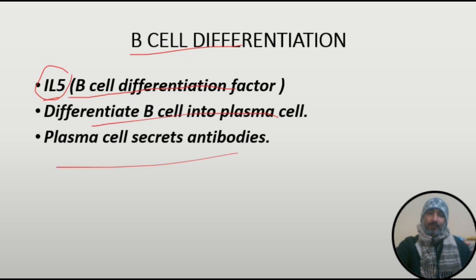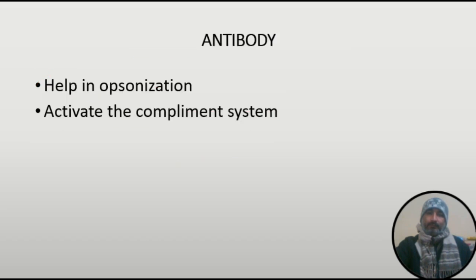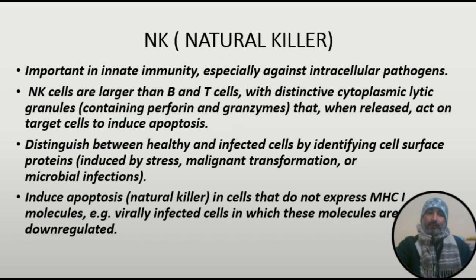We already discussed that. And what is the antibody doing? Antibody has two main functions: help in opsonization and activate the complement system. We already discussed this in the diagram before. So this is the story of the B cell.